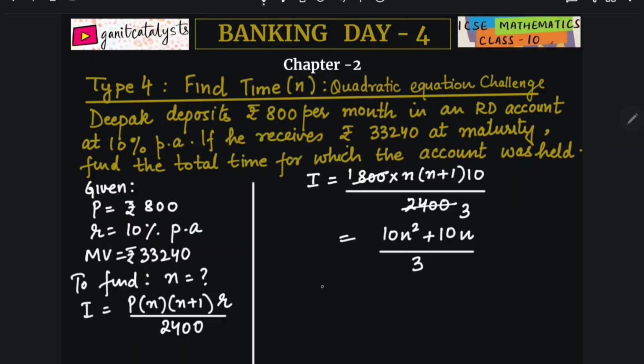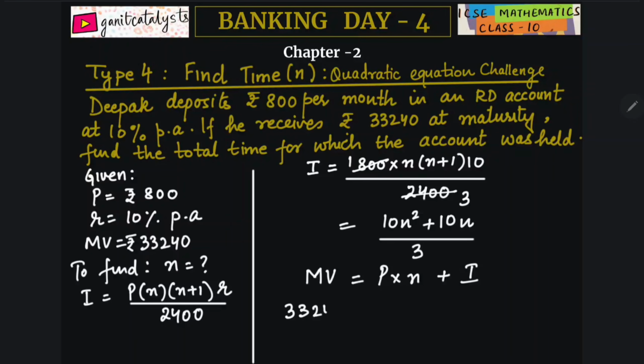So this is interest. Now maturity value, second formula is P into n plus interest. So 33,240 is equal to 800 into n, which we don't know, plus I, which is 10n square plus 10n upon 3.